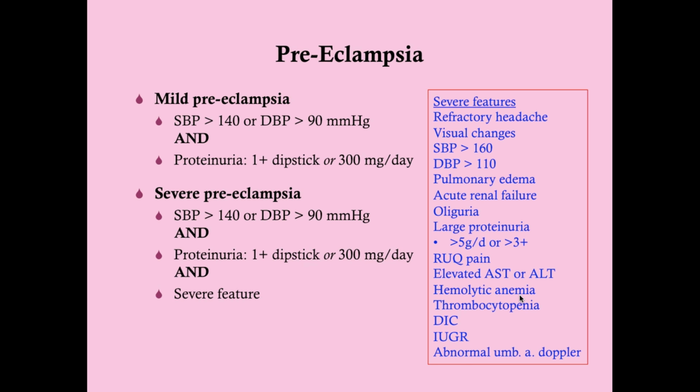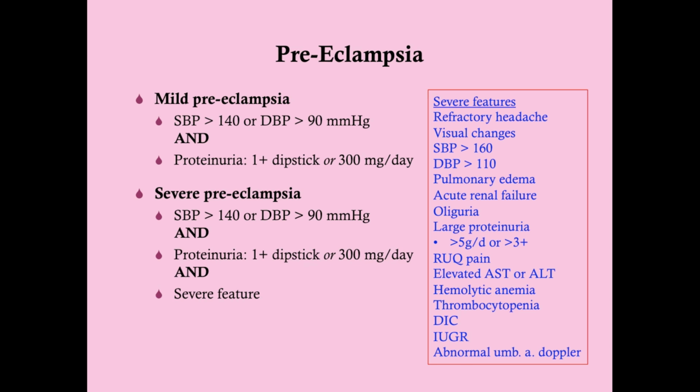Hemolytic anemia, so you may note this in a variety of ways. They may be jaundiced. They may have an anemia. You may find on your CBC, if you get a smear with it, that they have schistocytes. Okay, so that may be diagnosed in a variety of ways. Thrombocytopenia, why we get a CBC in all these patients with preeclampsia. DIC, how would you note that? Well, you're going to have a low platelet count.